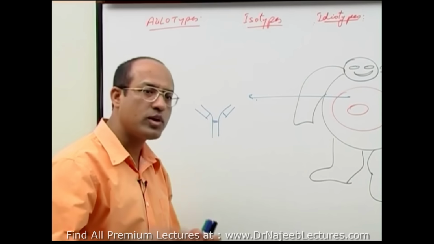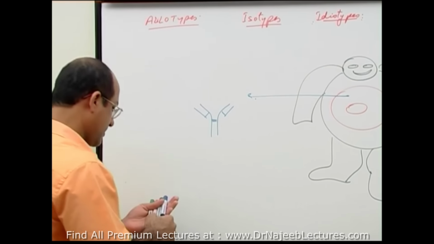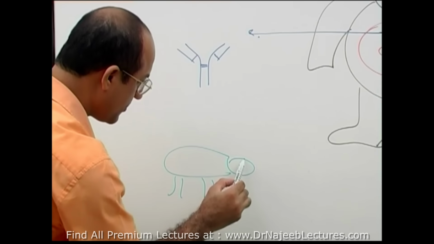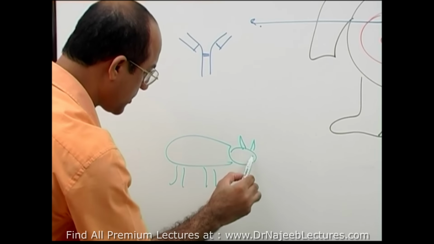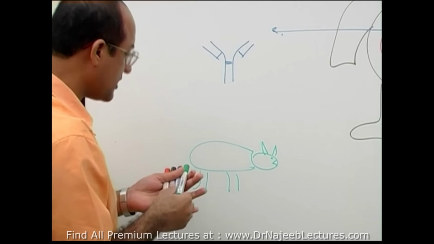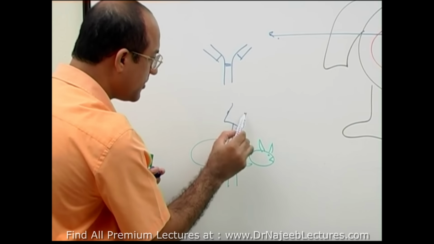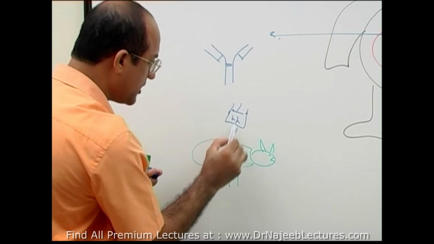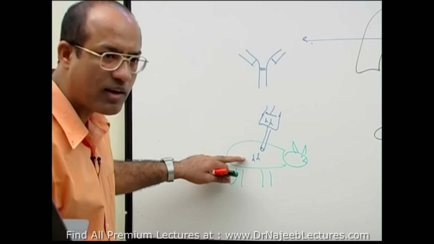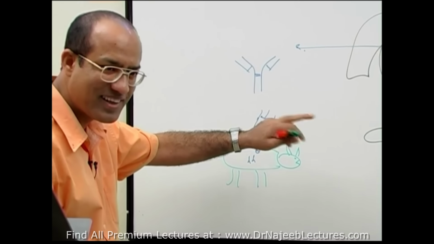For example, if your antibodies are injected into a donkey, suppose this is a donkey. I don't know how to draw a donkey, but you can imagine it. And suppose antibodies from this person are injected into the donkey. When these antibodies come, do you think for the donkey they are self proteins or foreign proteins?